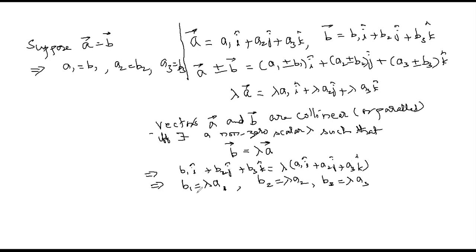And if you find the lambda from each equation, you are getting B1 upon A1 is equal to lambda. Similarly, B2 upon A2 is also equal to lambda, and B3 upon A3 is also equal to lambda.